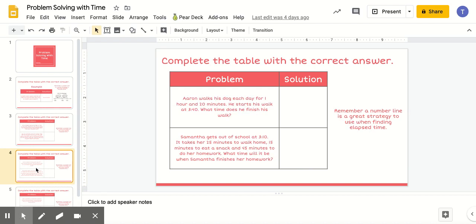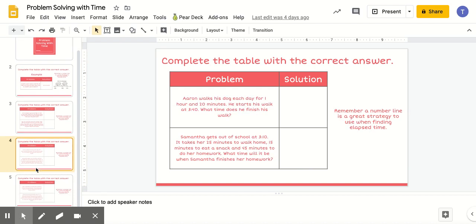Your next example says Aaron walks his dog each day for 1 hour and 10 minutes. He starts his walk at 3:40. What time does he finish his walk?